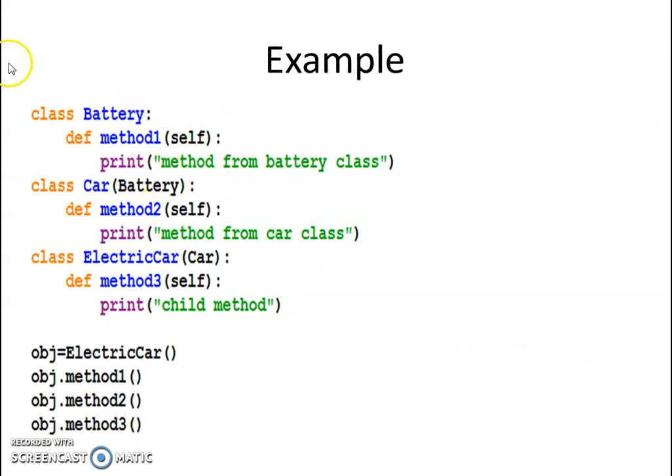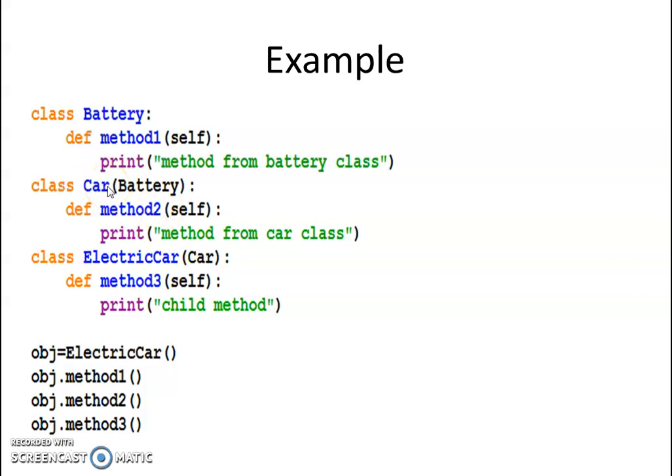Next, we have this Battery class, with method1 printing the statement "method from battery class". Next, we have a class with the name Car, and it is deriving from the Battery class, as we have written Battery inside parentheses.